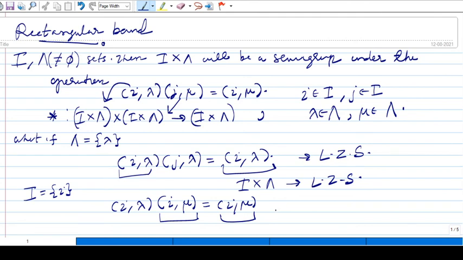So when I is singleton, you get I × Λ as a right zero semigroup. Note that in I × Λ, if Λ, the right member in the Cartesian product, is singleton, you get a left zero semigroup. If I, the left member, is singleton, you get a right zero semigroup. So there is some kind of inversion.